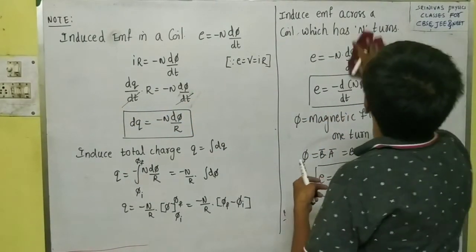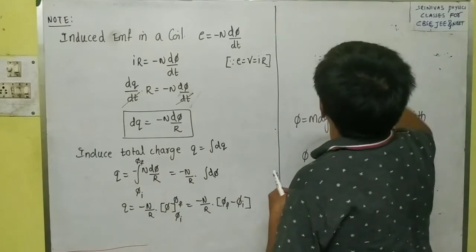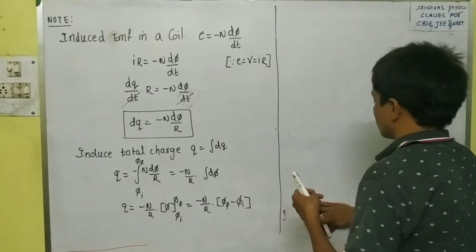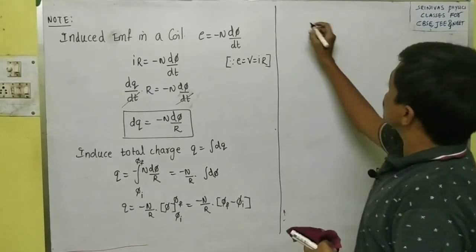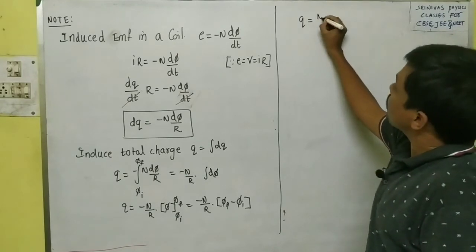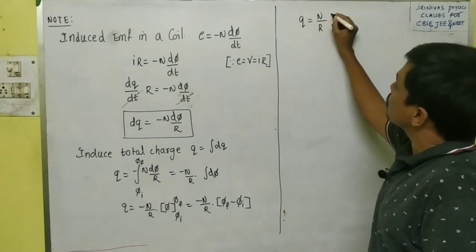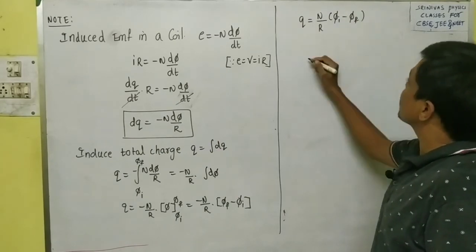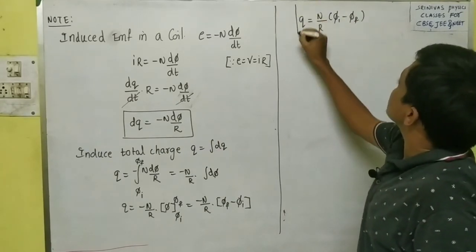The induced charge is equal to n by R into phi I minus phi F. This is the final formula.